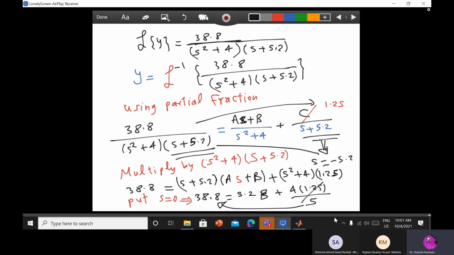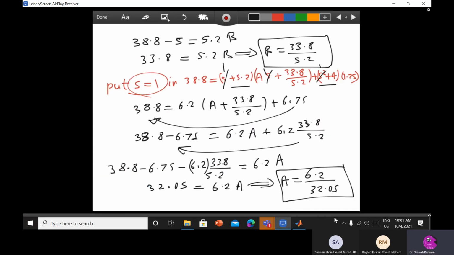A is equal to what? 1.25. Yes. And what is B? B equals 6.25. Yeah, it is.